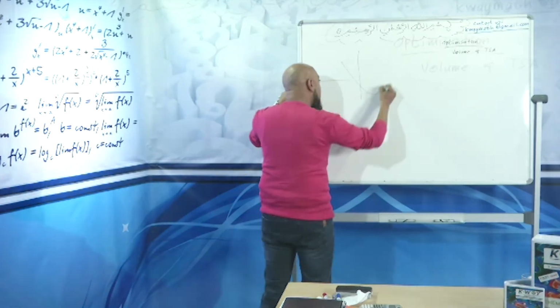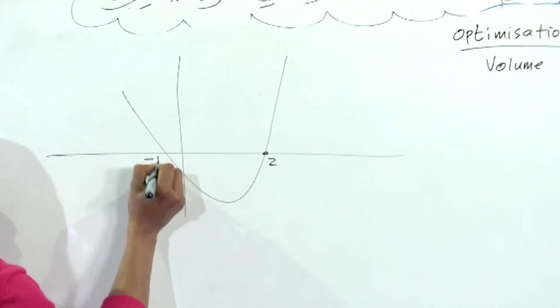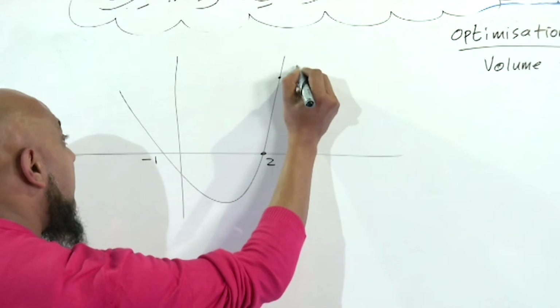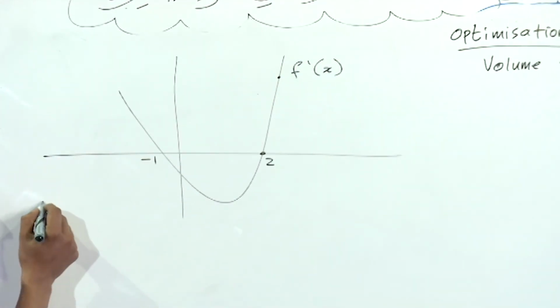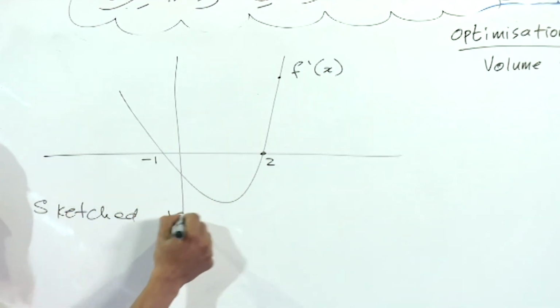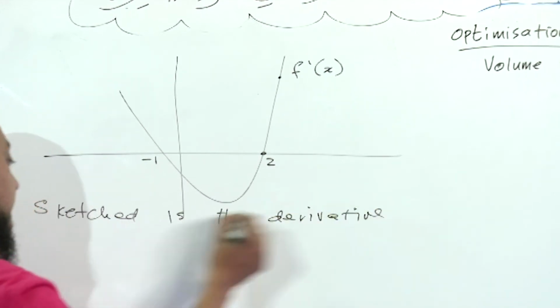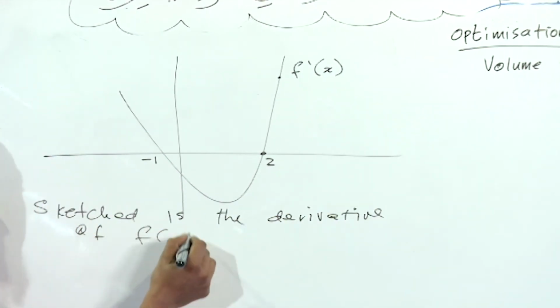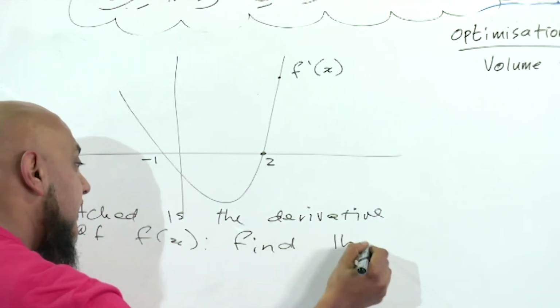They gave you a graph like this, told you this point was 2 and that was negative 1, and that this was f dash x. The question said: sketched is the derivative of f of x, the original. Find the derivative.